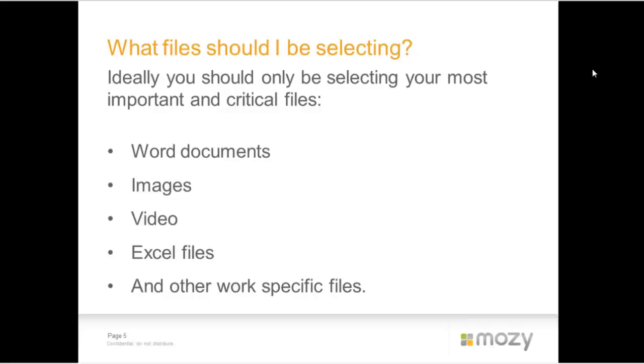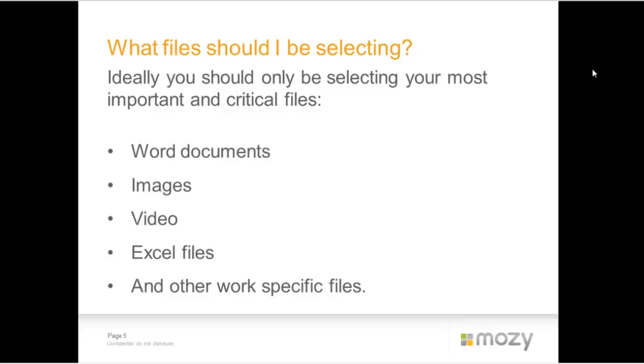Okay, so the way I would always look at it is the ones that if your laptop or your work machine in the morning was to fail or was to be stolen or anything was to happen where you wouldn't be able to access your work documents, what are the ones that are critical to you to be able to get back to be able to do your job straight away? You know, like for me as a trainer, PowerPoint presentations are my most important files.